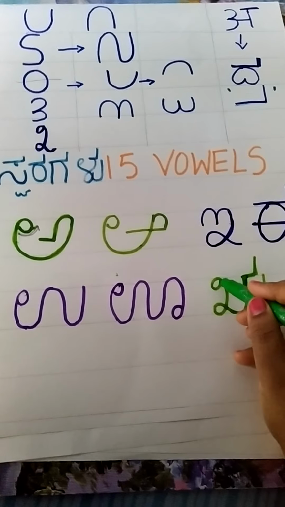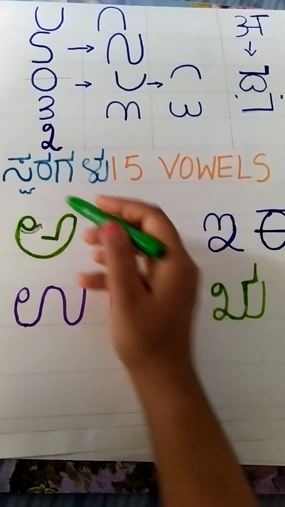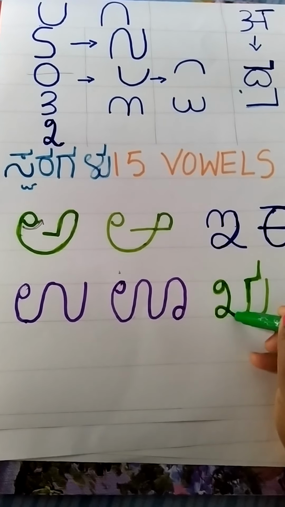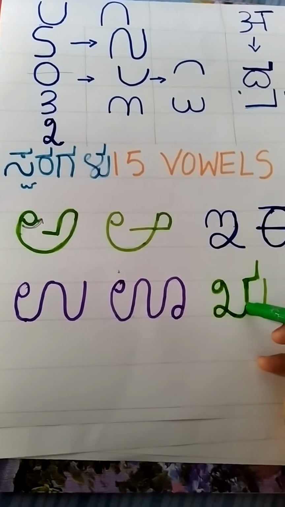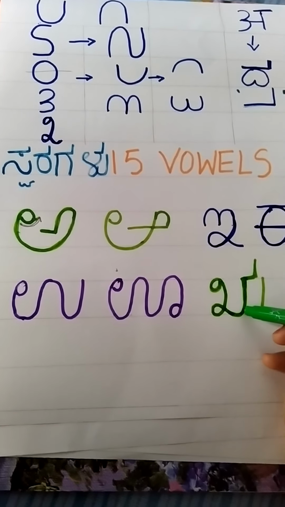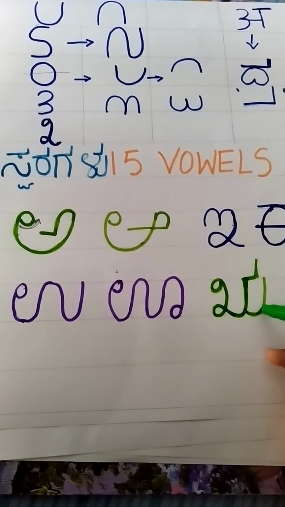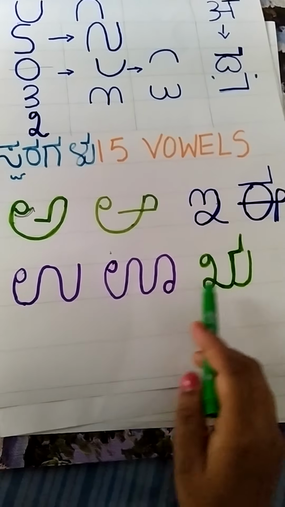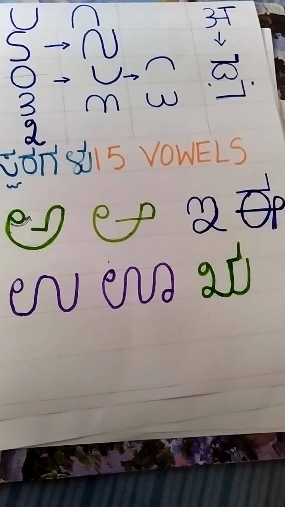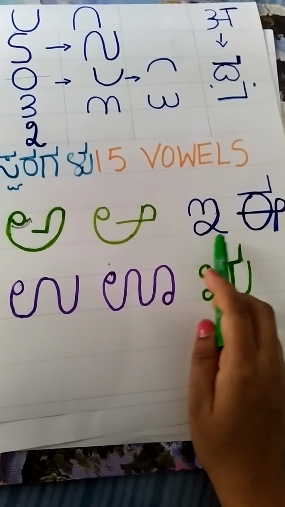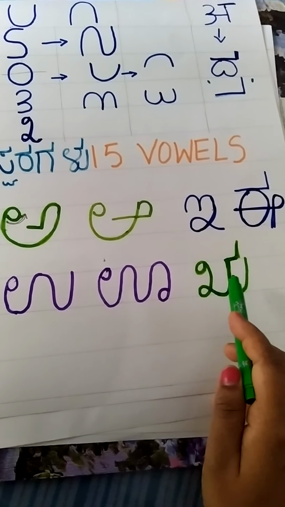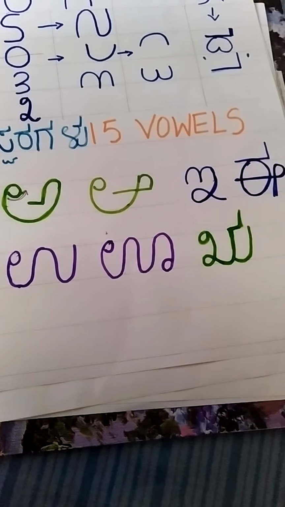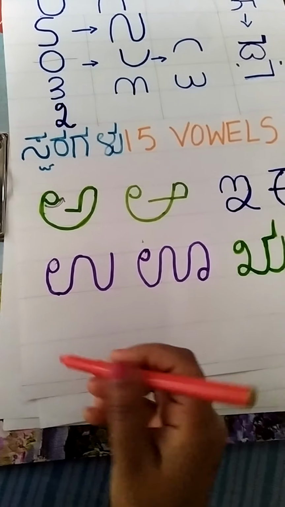I am saying again, write two, the way I showed you to learn writing two. Then go up, from down, go up, and talekattu. So this is Ru. A, I, U, Ru.